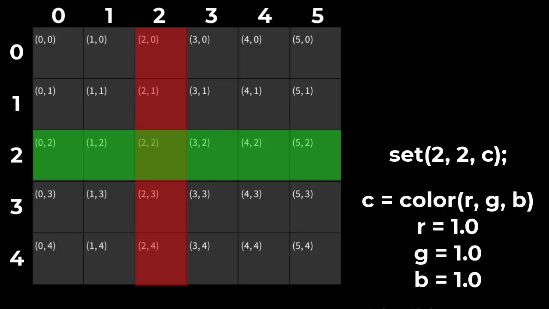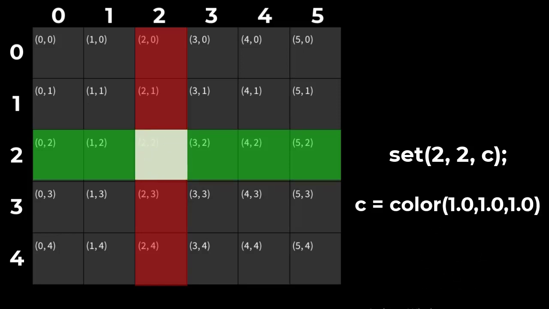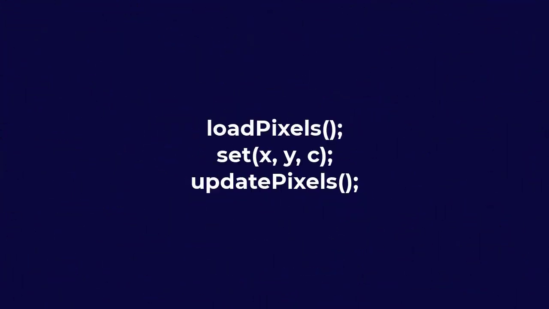C stands for color, and it's where you specify the color you want to change the pixel to. With this function you have the power to change the color of any pixel on the screen to whatever you desire. To use this function, you need to use the load pixels function before it and the update pixels function after it.